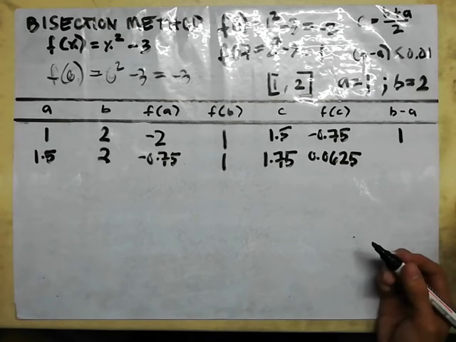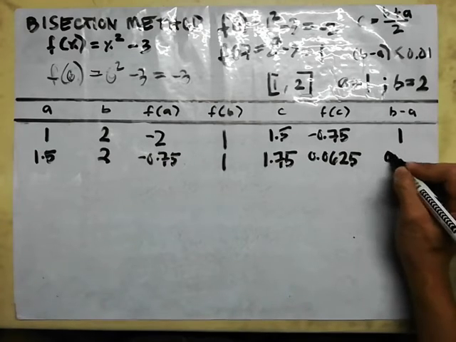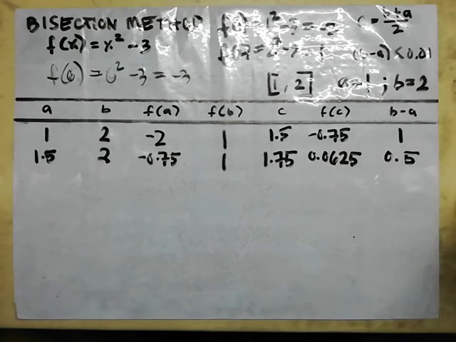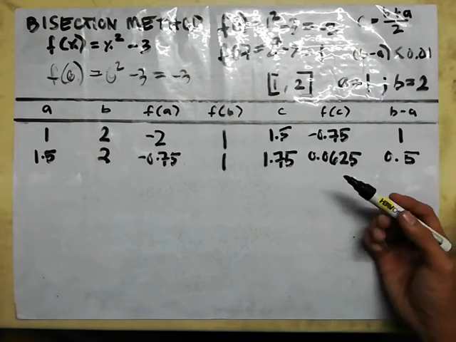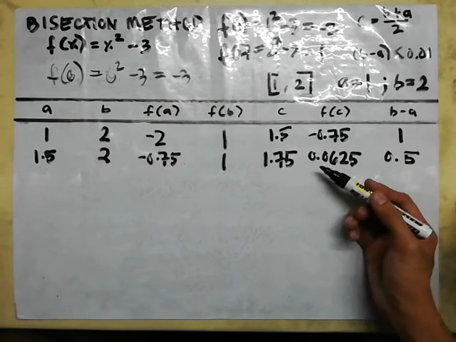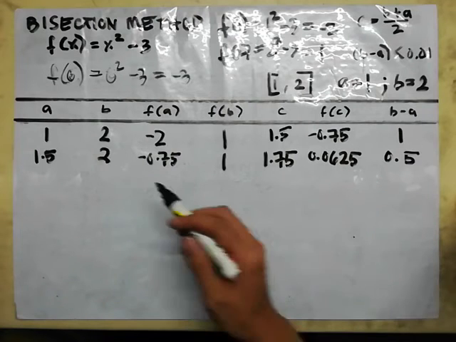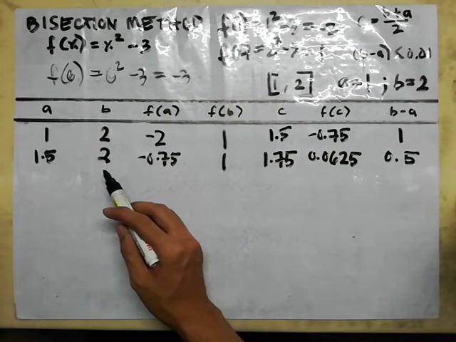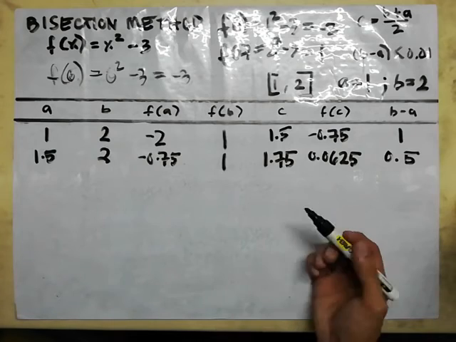And for b minus a, we have 2 minus 1.5, which is 0.5. So our f of c is positive, so the value for b will be changed in our next iteration.